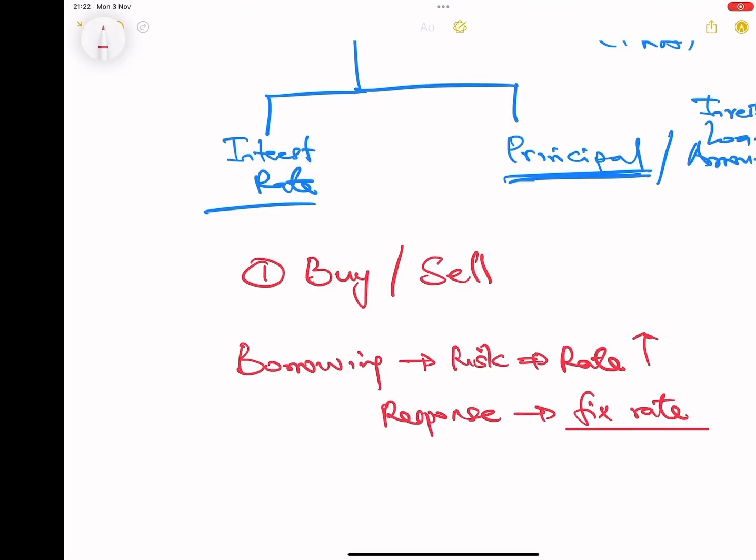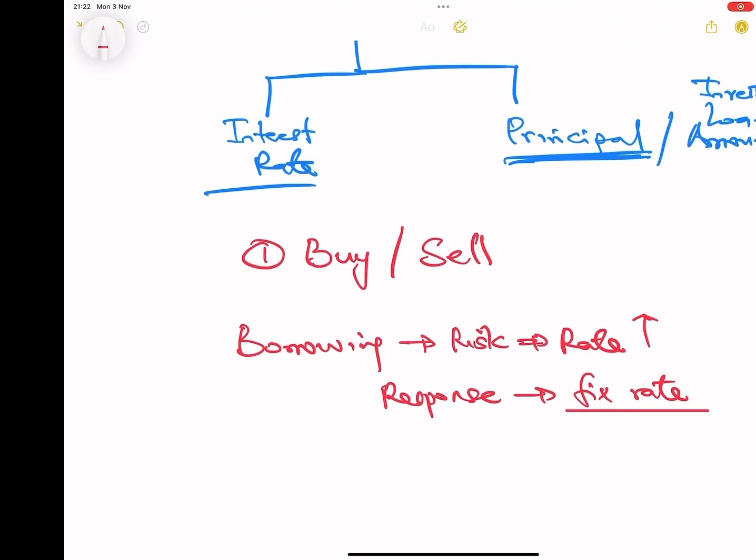When you fix the rate, what does that do for you? Please take note. When I buy or sell, buyers of FRA will always remember when you buy something, you have to pay. So that helps you to remember.